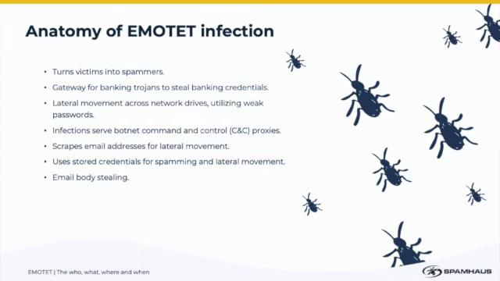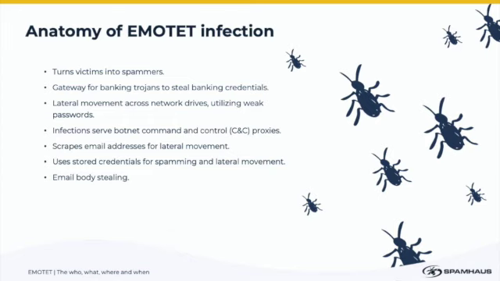Also, because the Emotet guys have to monetize their criminal activities, Emotet becomes a gateway for other banking trojans to land on the infection, to steal banking credentials, of course. Also, it does not infect only one machine, but spreads across the network drives, and it utilizes a very well-known technique for that, which is using weak passwords.